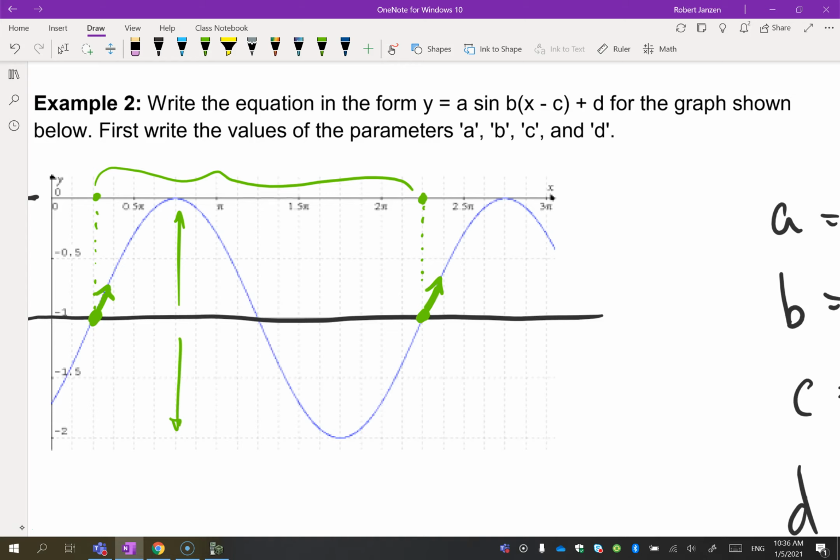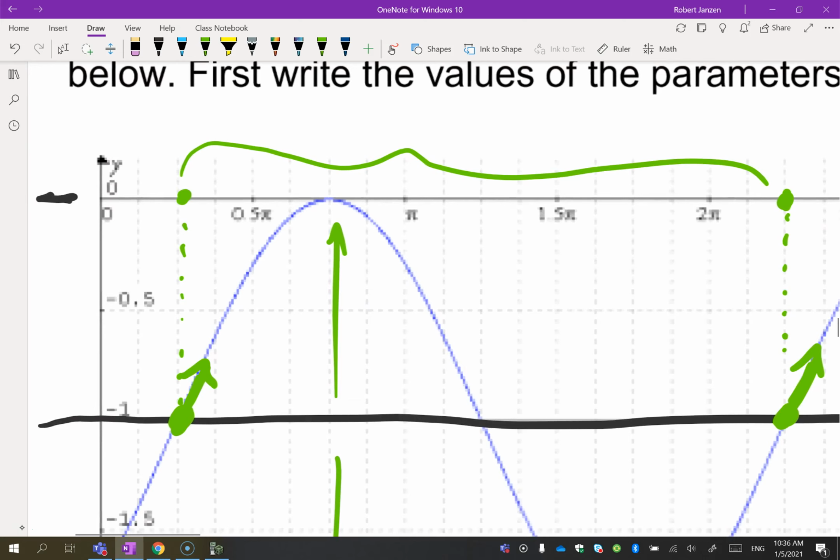Looks a little hard to tell, right? Because there's no values there. So maybe that's not the best place to go. Well, maybe it is the best place to go. I don't know. It depends how you look at it. If this is 0.5 pi, this is 0.5 pi, what do you think this is? This is 0.25 pi.